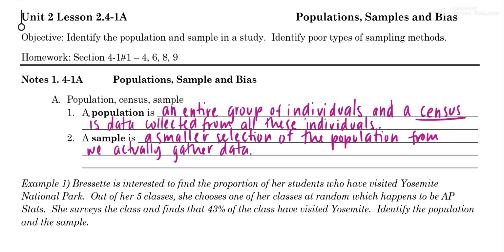Most data that you see, most data that you get about really pretty much anything usually comes from a sample, just because it's impossible usually to track down an entire population.